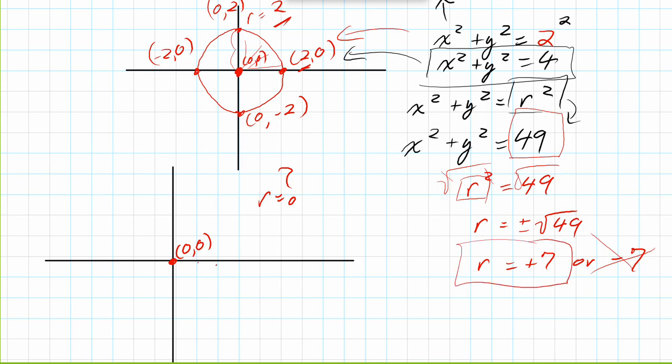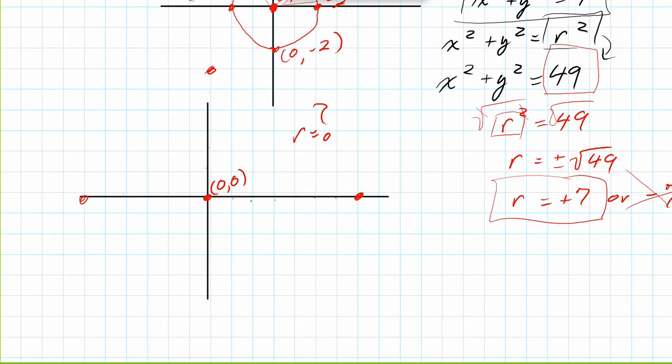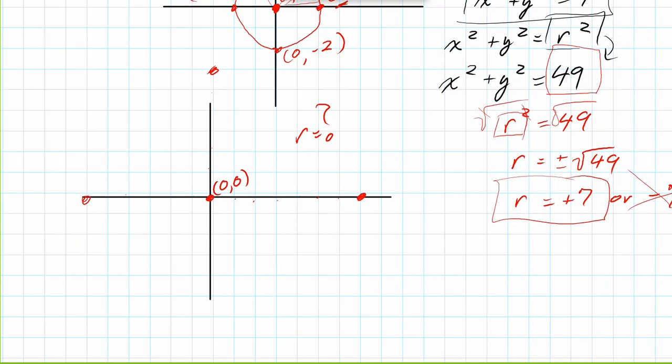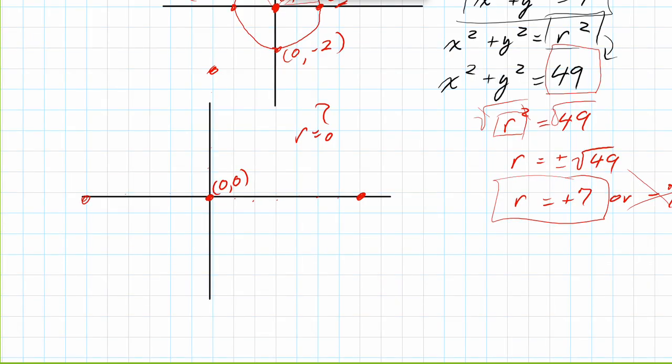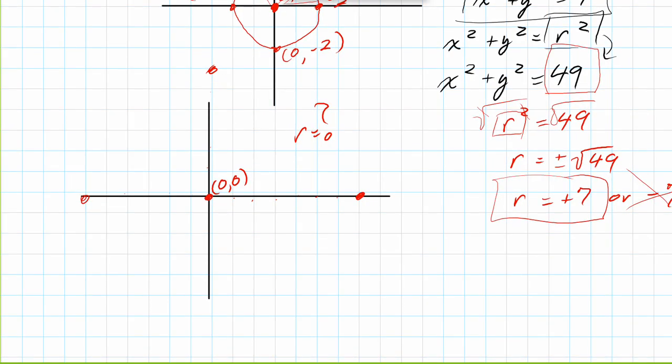So if I count out 1, 2, 5, 6, 7, that's going to be way too big. I'm going to do my best here. Wait, what? 1, 2, 3, 4, 5, 6, 7. Oh, I only drew 6 there. Yeah, I looked off. That should be 7. There's no way the one on the left is correct either.